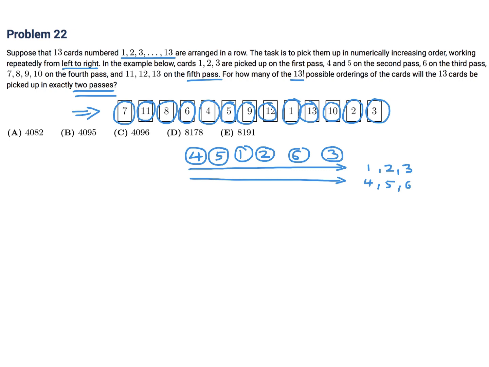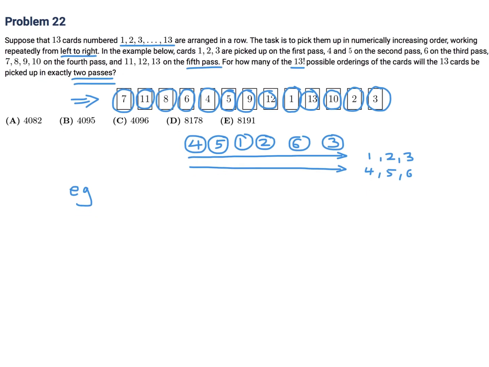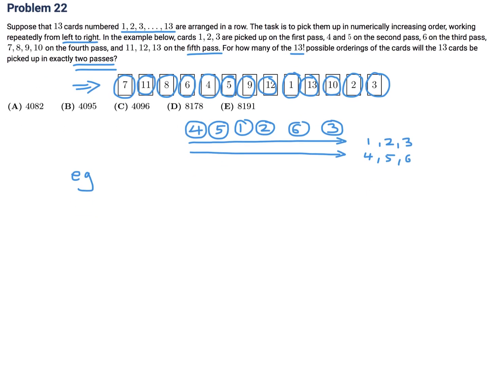Now, let's say I have an example. Let's say I have the first 5 cards that I pick up in the first pass. So those numbers 1 through 5 are picked up in the first pass.